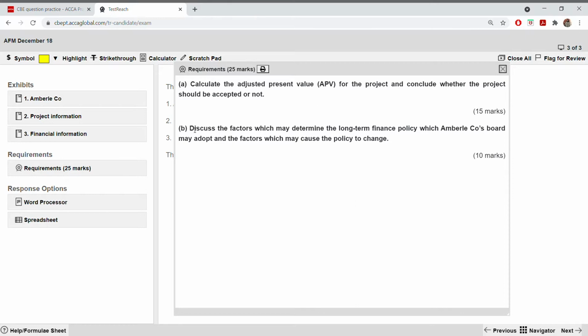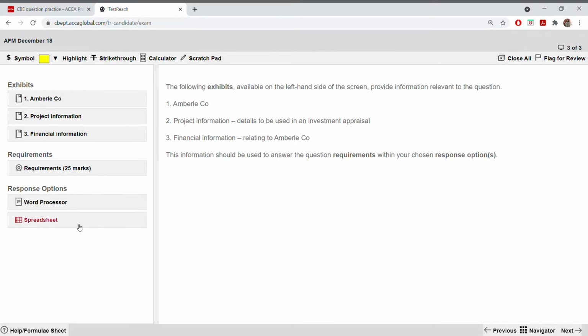Sometimes they will ask you to calculate adjusted present value, which means you have to calculate both. Sometimes it is just the net present value without adjusted present value. In that case you just do net present value, and you have to conclude whether the project should be accepted or not. So part A is entirely calculation.